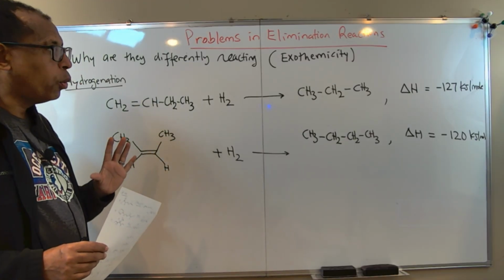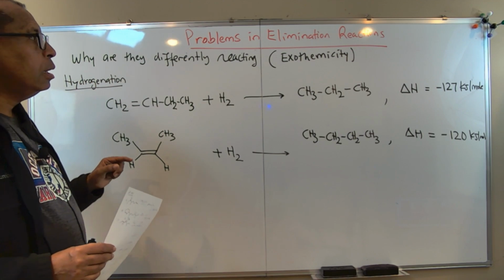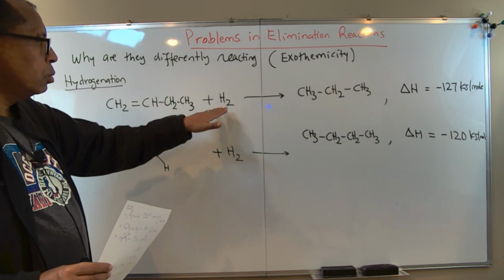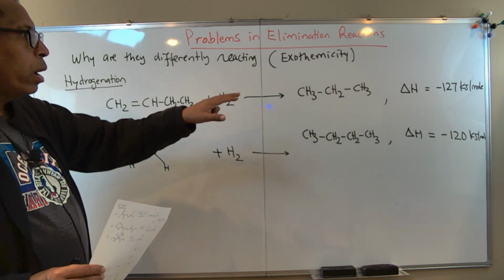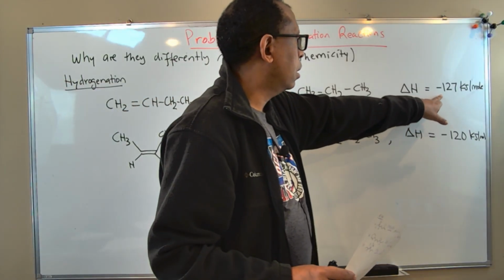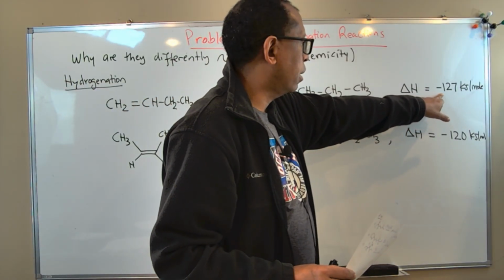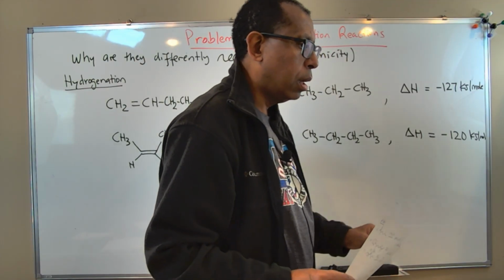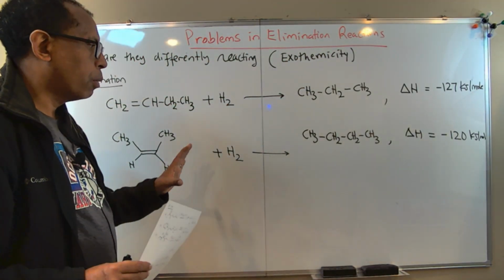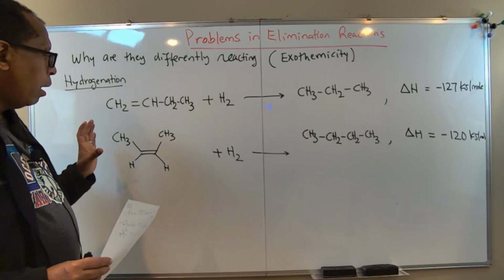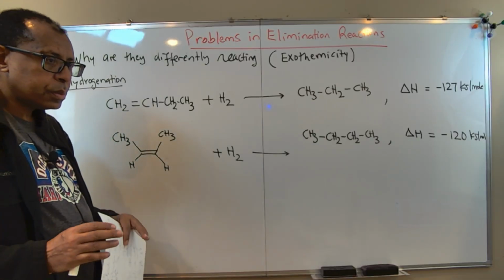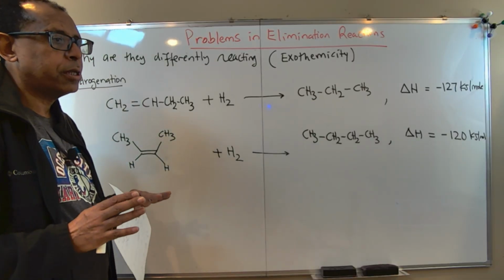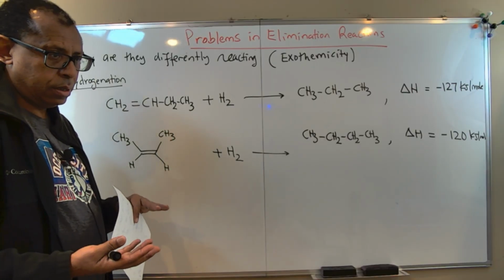But the main point in the question is, why are these two reactions different? One is highly exothermic, minus 127 kilojoules per mole, and the other is minus 120 kilojoules per mole when the addition is happening. So it all goes to the stability of the alkenes.